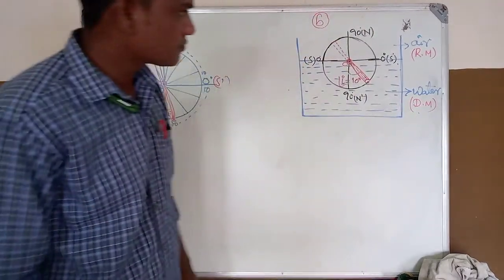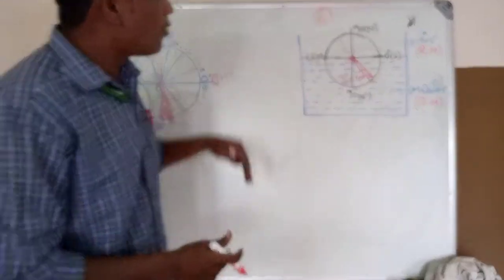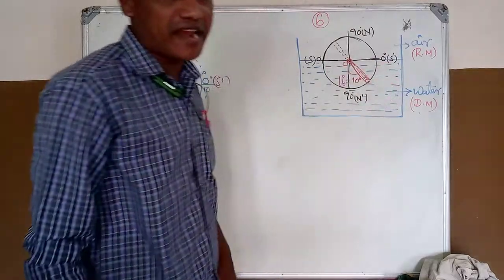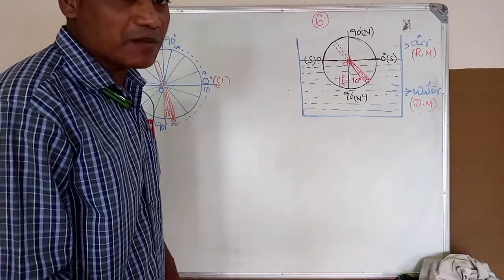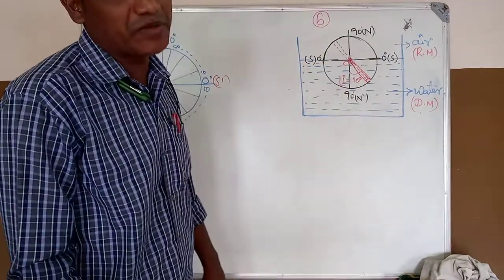When you see from one angle, these two straws appear in the same straight line, because you know the property of light is to travel in a straight line. That is the meaning of that.